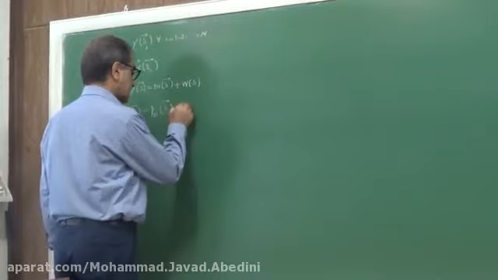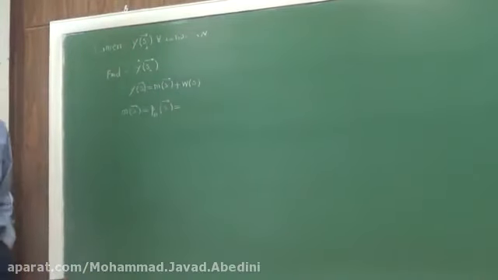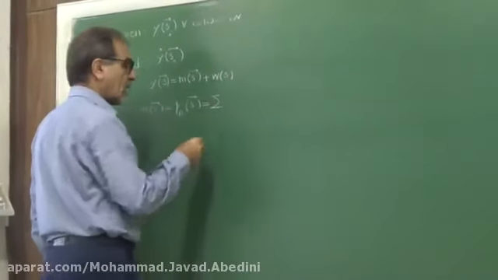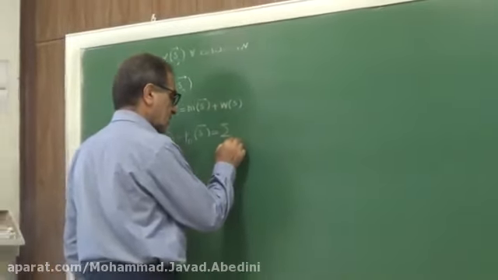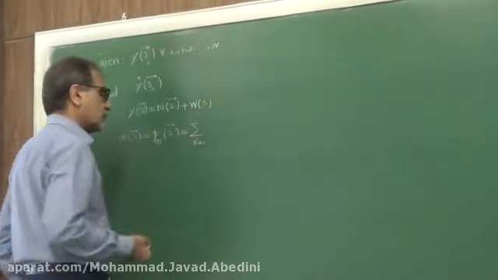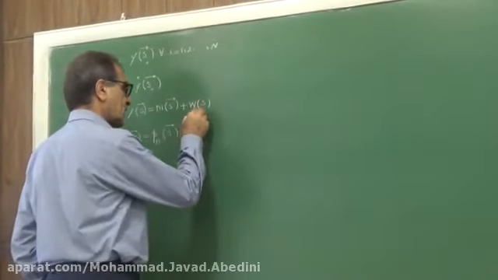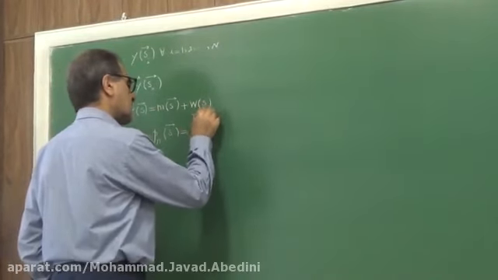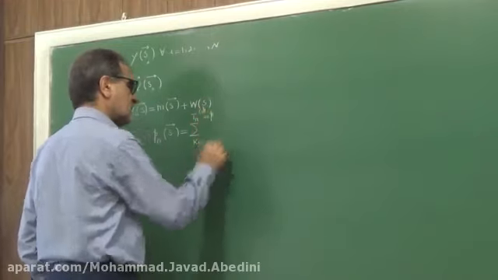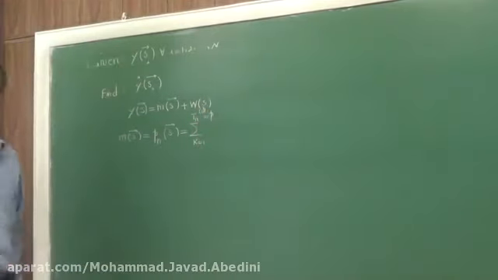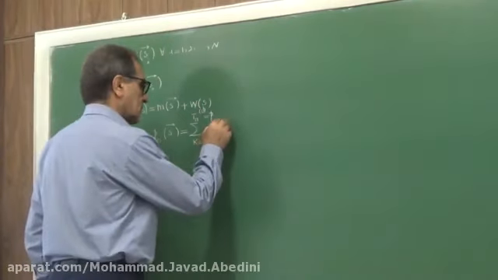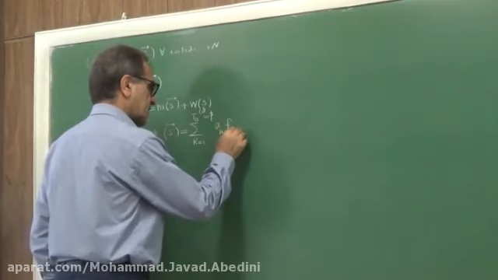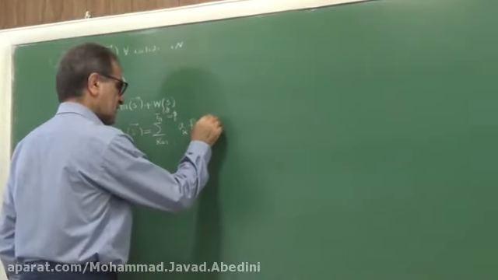And this can be written as the sum over k from 1 up to t sub n, d, which is basically what we denoted by t, of a sub k, f sub k, of s.